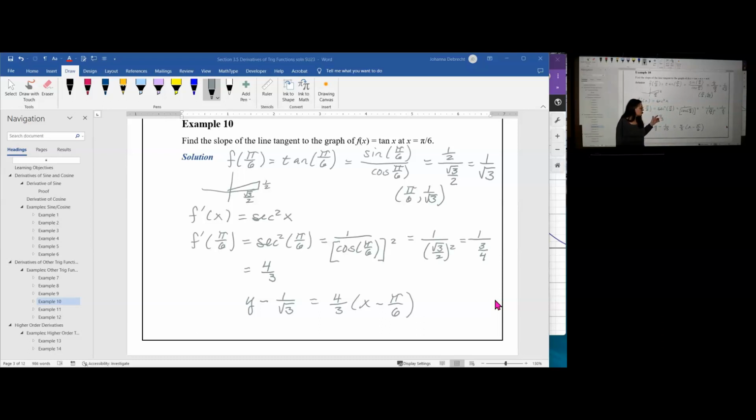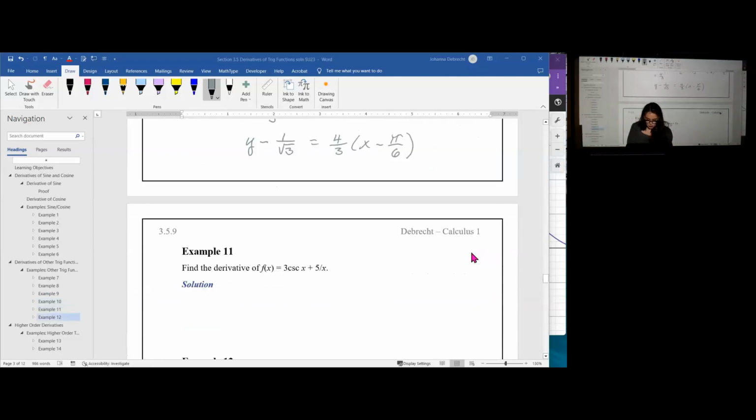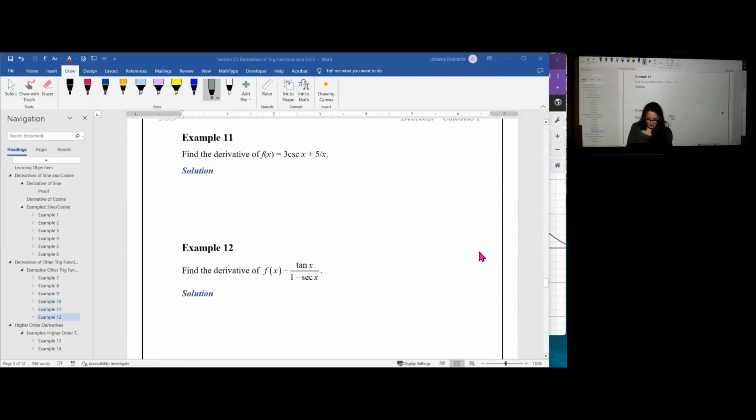And we get a slope of 4/3. Write the equation of the line as y minus 1 over root 3 equal 4/3 times the quantity x minus pi divided by 6. We have 2 more examples to work in this section, examples 11 and 12.